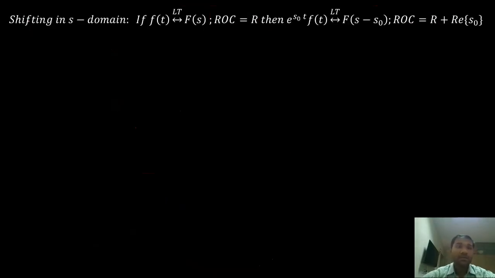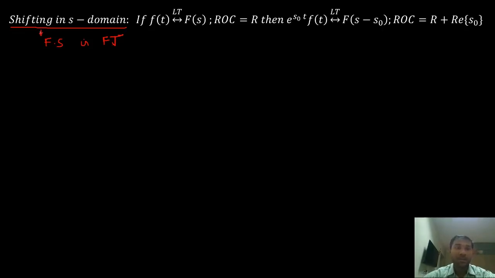Then this is shifting in the Laplace domain or S domain, right? Shifting in the S domain. This is similar to the frequency shifting in Fourier transform, right? In Fourier transform we had frequency shifting.